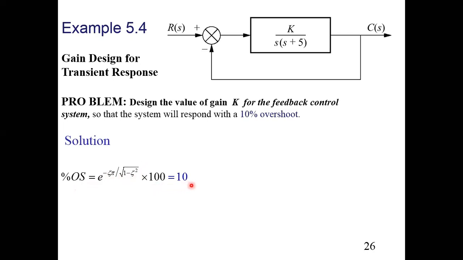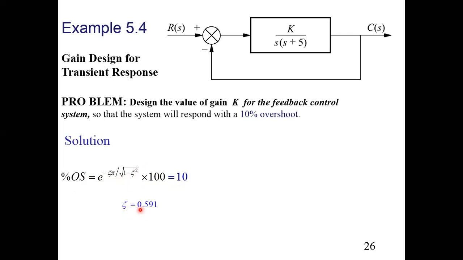This is equal to 10. We will divide both sides by 100, and because we are first finding zeta, we will take natural log on both sides.